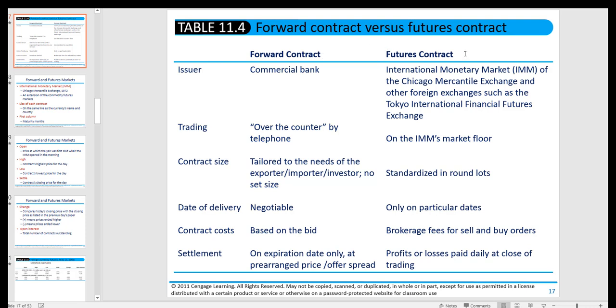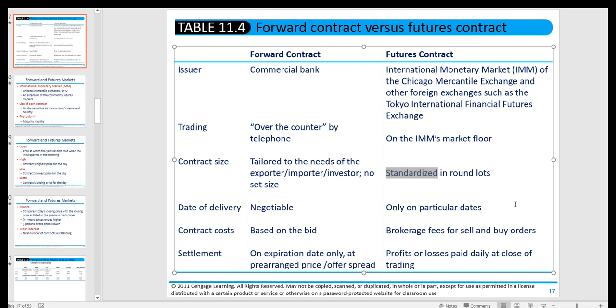What is the difference? Well, the forward contract is a tailored contract. So you call your bank and you say, hey, I need 350,000 euros to be delivered to me like 3 months into the future. And the bank makes a contract specific to your needs. Whereas the futures contract is standardized. Every currency has minimum amounts that can be traded.